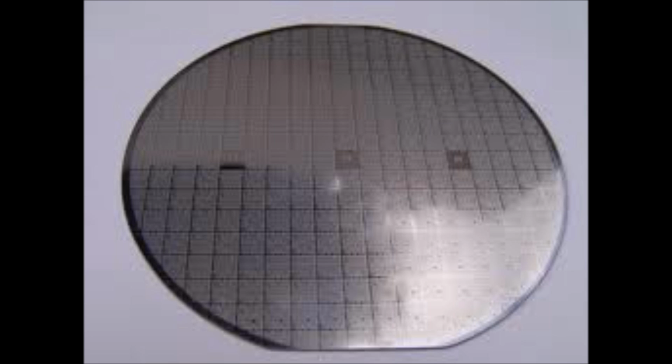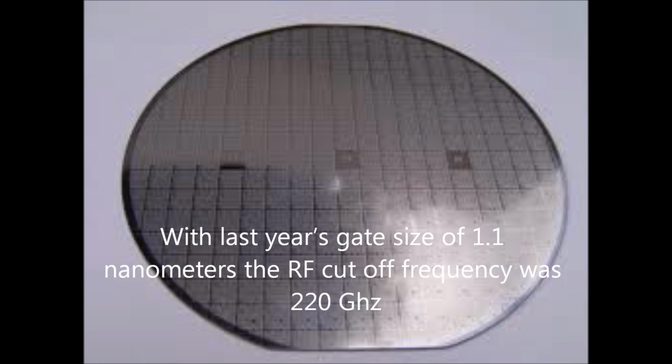It's a pretty good result. And here are the results for the RF test from last year, and here is one result. The gate length is 1.1. We get a cutoff frequency of about 220. And you can see the GM is 180.